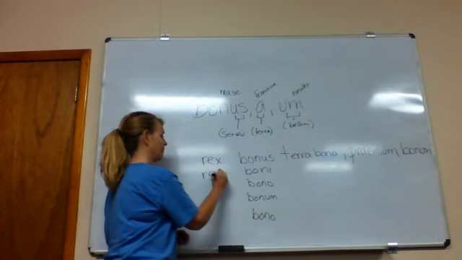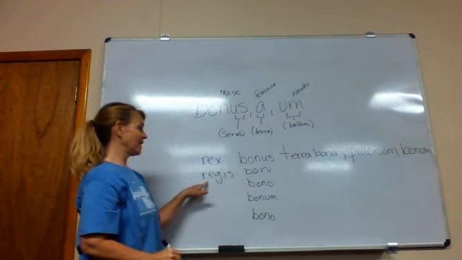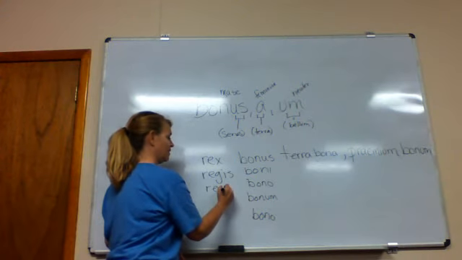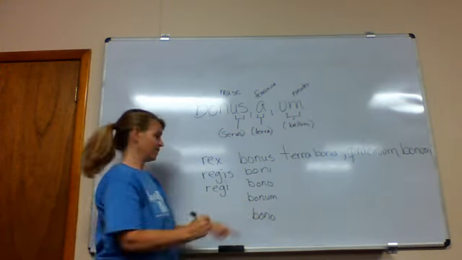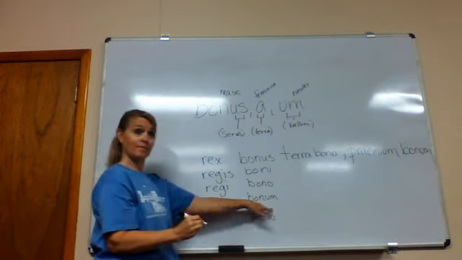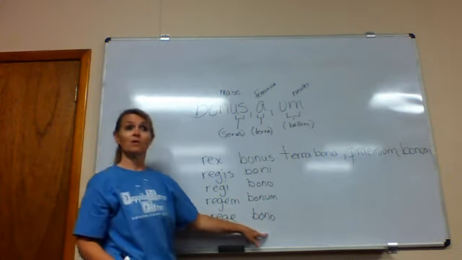Regis. Okay, so we got rex bonus, regis boni, then what do we got? Regi bono. How about here? Regem bonum. Regem, rege bono.